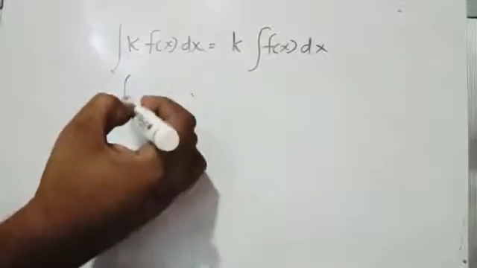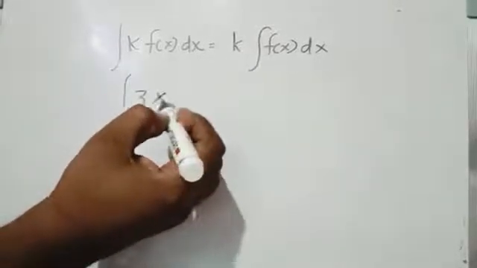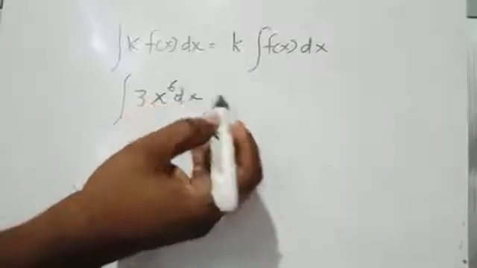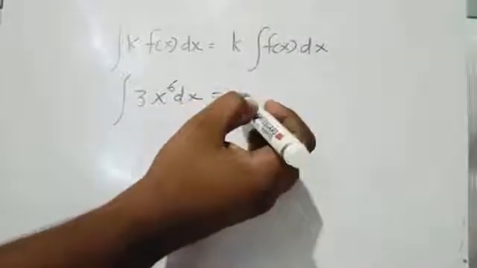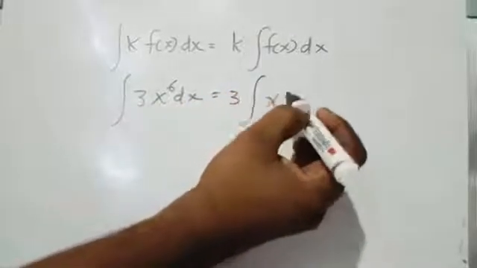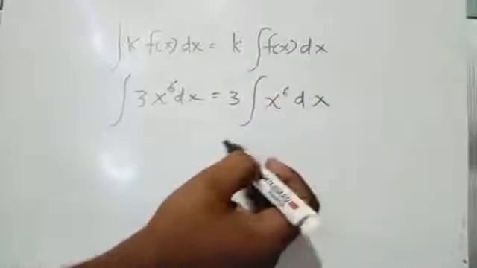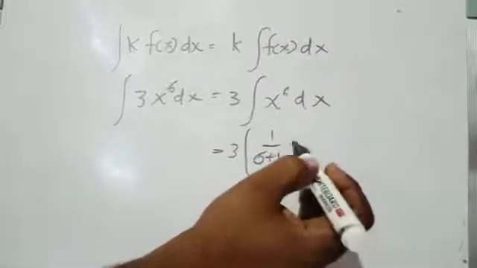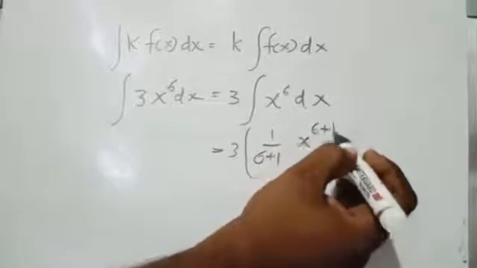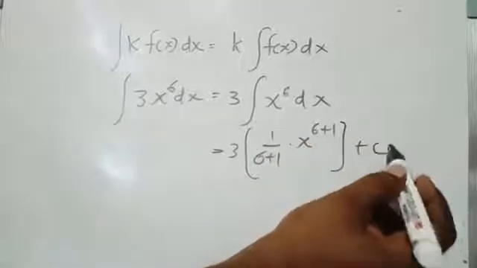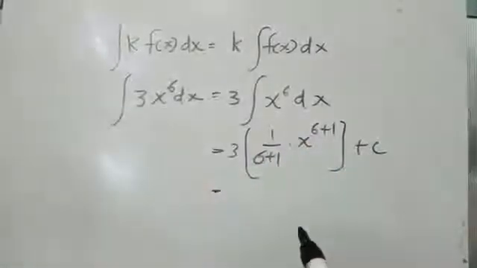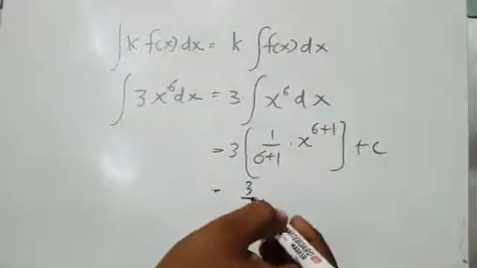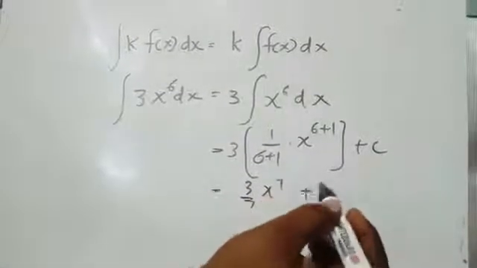Like when you integrate 3x raised to 6 dx, we can write it as 3 integral x raised to 6 dx, that is 3 times 1 by 6 plus 1 into x raised to 6 plus 1 plus c. That is 3 by 7 x raised to 7 plus c as the answer.